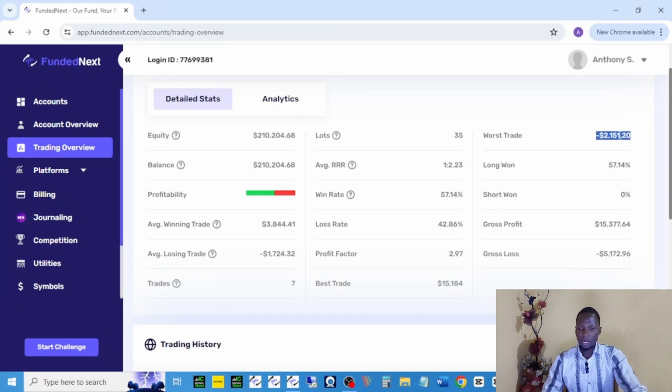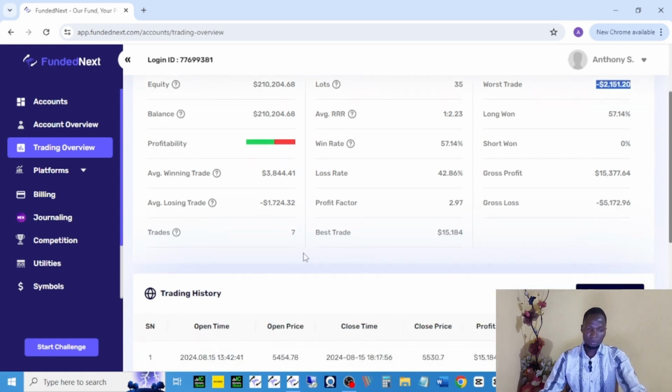Can you just compare the worst trade to the best trade? I think you understand. My best trade, I made $15,000, while I lost $2,000 in my worst trade.